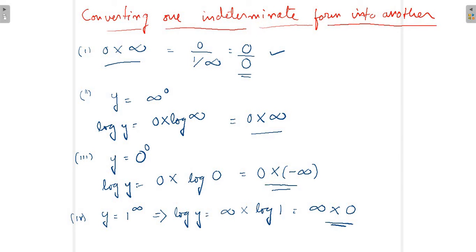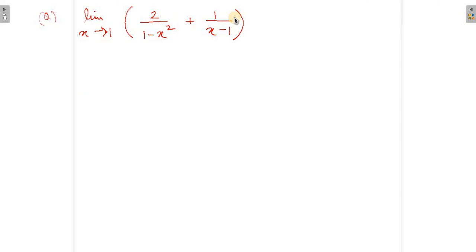Now let's take an example and solve a problem: how to see which indeterminate form this function is in. So here we have the limit x tends to 1 of 2 by 1 minus x square plus 1 by x. If we put x equals to 1, we get 2 by 0 plus 1 by 0.